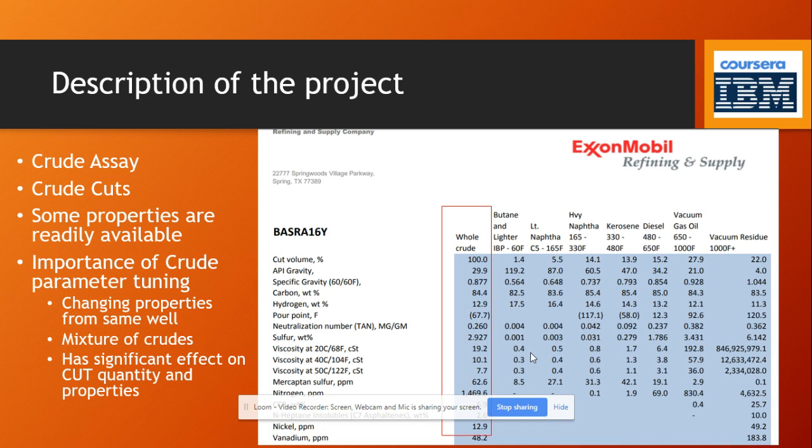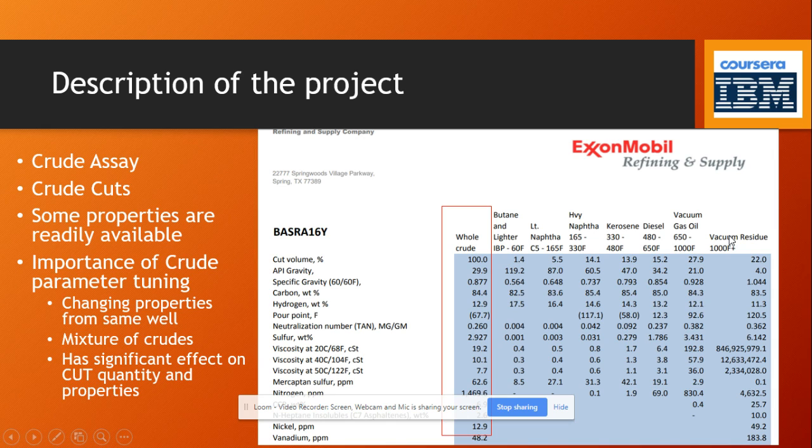So what happens is, when I take this product which first enters my refinery, I call this a whole crude, and as you can see out here, this single whole crude has produced seven different cuts of product.